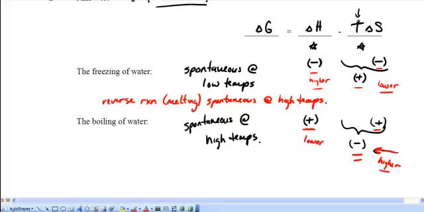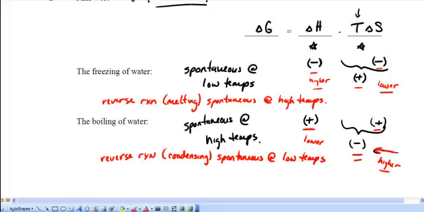So it is spontaneous at higher temperatures, and you already know that. Boiling water is spontaneous at high temperatures. And of course, the reverse reaction, which would be the condensing, is spontaneous at low temperatures.